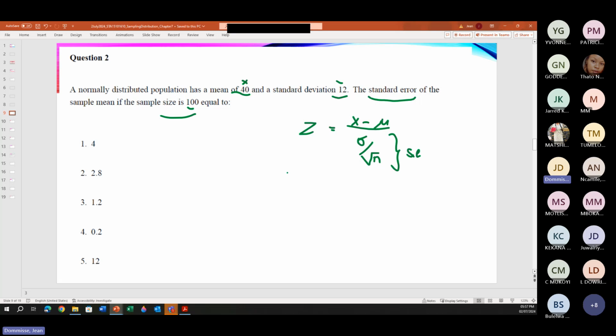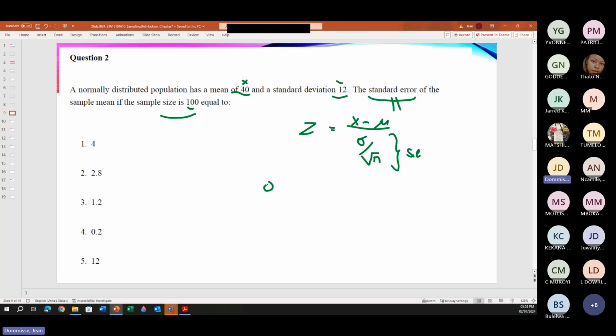And sometimes they can add an option as not enough information given or something like that. Not that they're going to say none of the above. They sometimes add in not enough information, because you might be thinking, okay, but if I needed to work out the Z, I need something more, but we actually are only looking for standard errors.